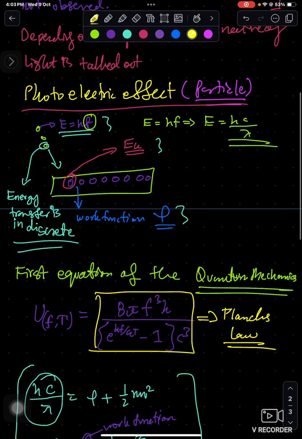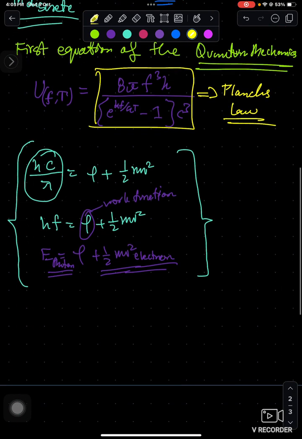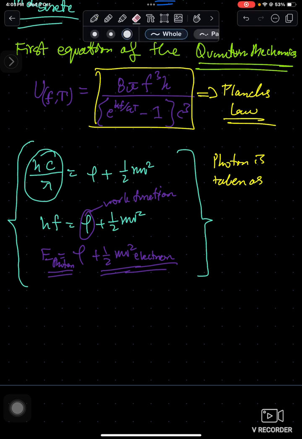Here you will not find light in wave. As I said, light cannot transfer in discrete amount. Here photon is taken as, of course, photon or light.